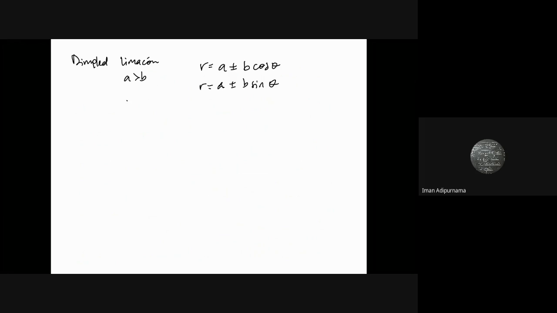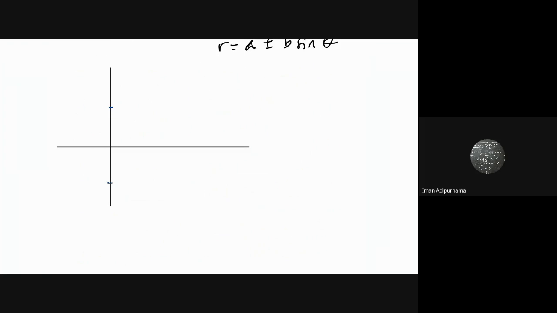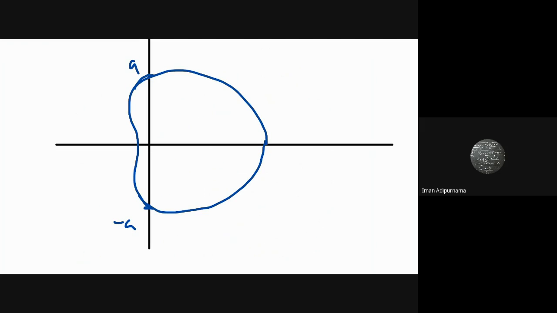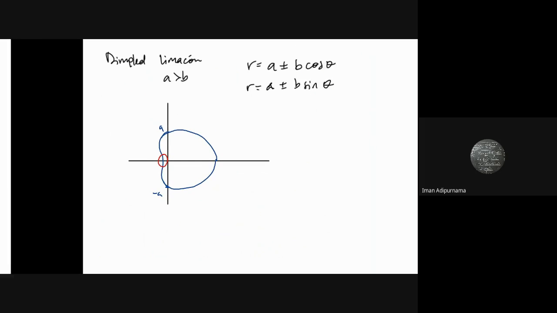And the shape is, this is the same A minus A. It's similar to the cardioid, but the difference is this part here is not going to be in the middle, at the origin, the center. And we call it the dimpled limaçon.